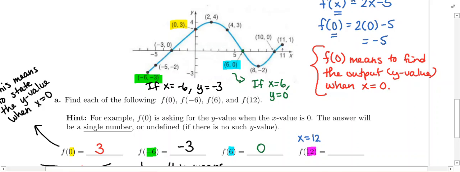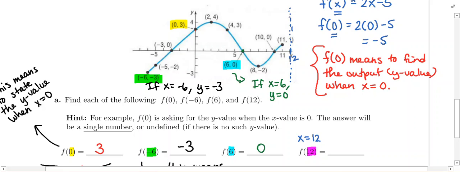Here's where x equals 11. And then 12 isn't shown, but we know that x equals 12 would be right here. If you go up and down, you never hit the graph. The graph actually stops when x equals 11. The graph does not continue on to where x equals 12.